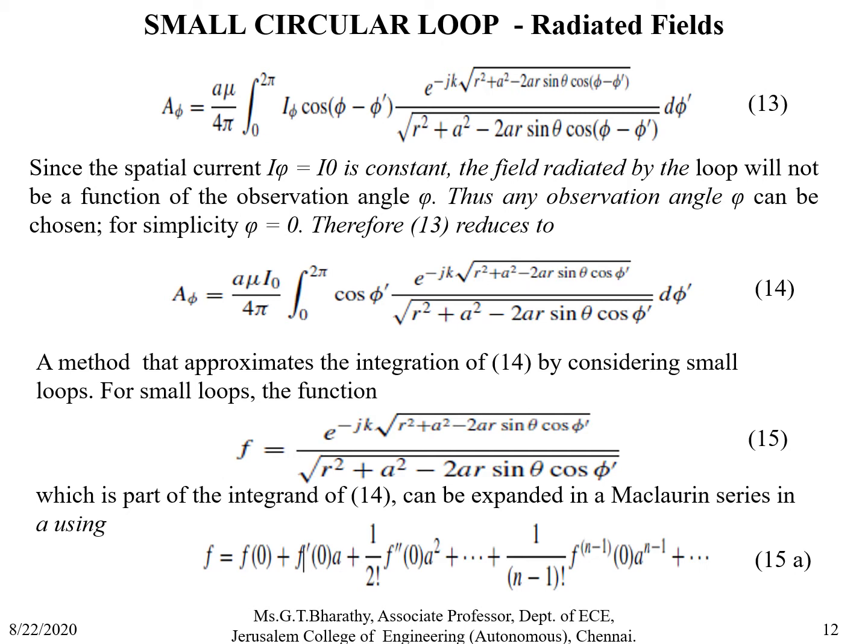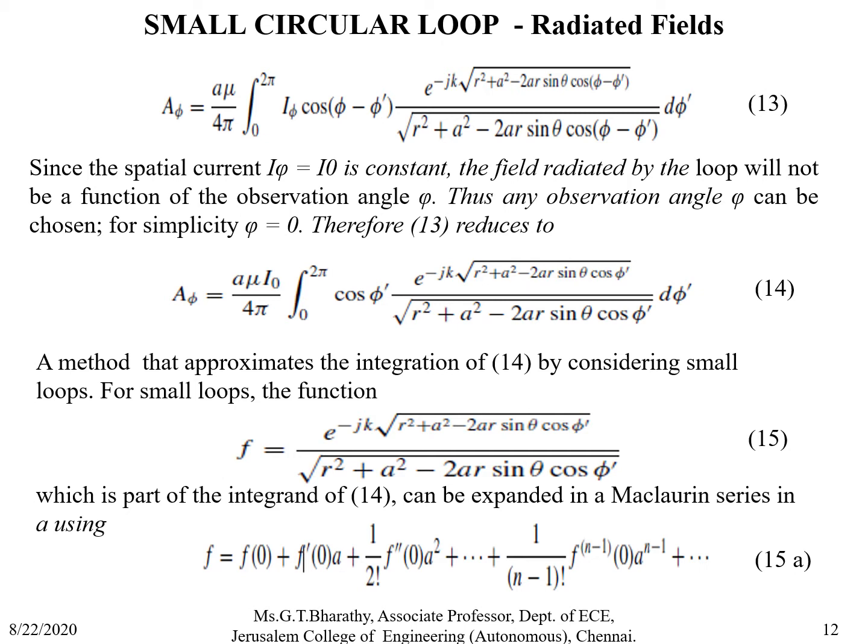So, substituting phi equal to 0 in equation 13, it gets reduced to A phi is equal to a mu I naught by 4 pi integral 0 to 2 pi cos phi dash e power minus jk square root of r squared plus a squared minus 2ar sin theta cos phi dash, divided by square root of r squared plus a squared minus 2ar sin theta cos phi dash, d phi dash. It is represented as equation 14.